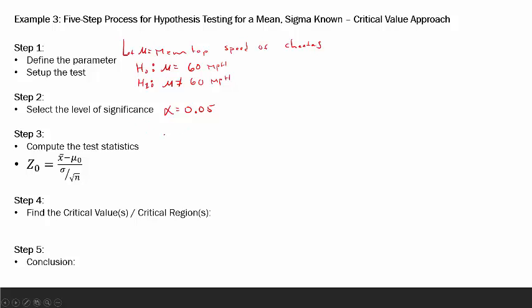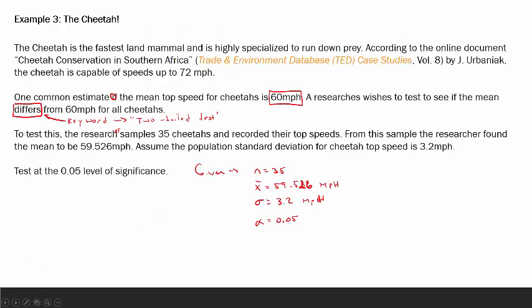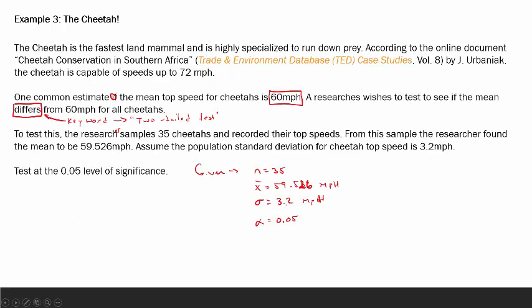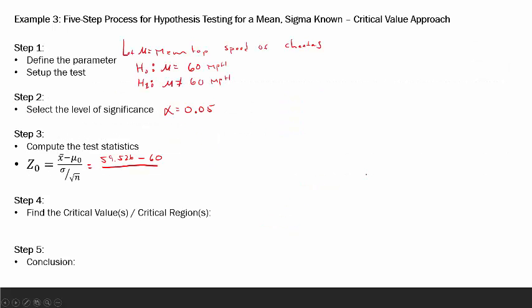Now let's compute the test statistic. This is just that z-score. It's the x bar that the researcher got, which was 59.526, and you're going to subtract mu sub 0, which comes from the null, divided by sigma, which is 3.2, given, over the square root of n.